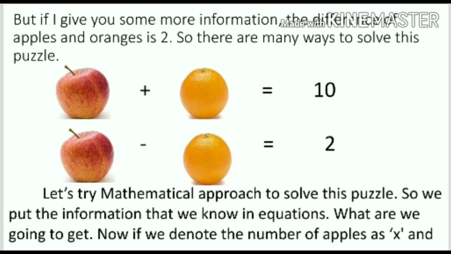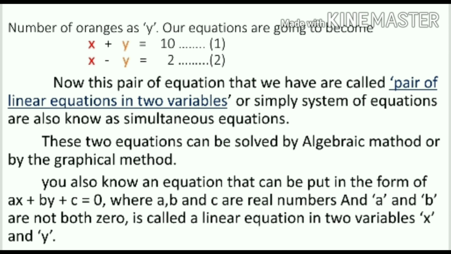If we denote the number of apples as x and the number of oranges as y, we get two equations: x plus y is equal to 10, the first equation, and x minus y is equal to 2. The pair of equations that we have is called a pair of linear equations in two variables, or simply a system of equations, also known as simultaneous equations.